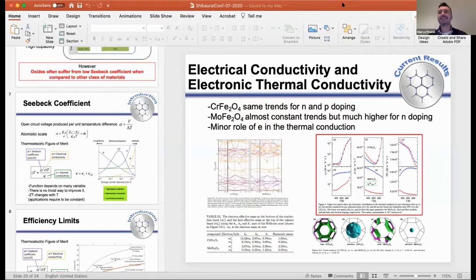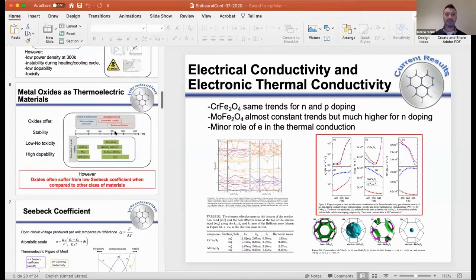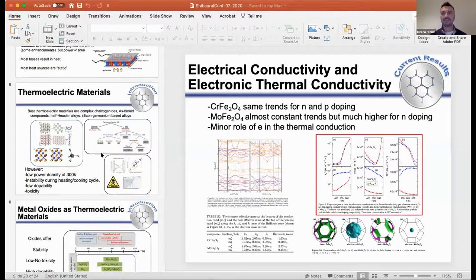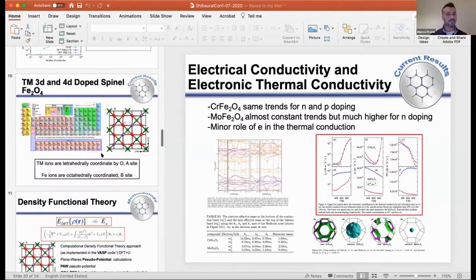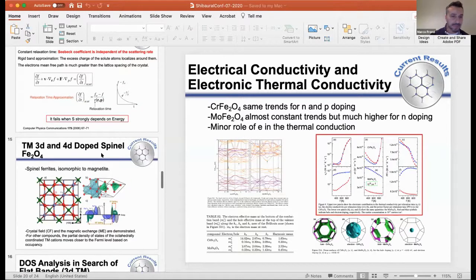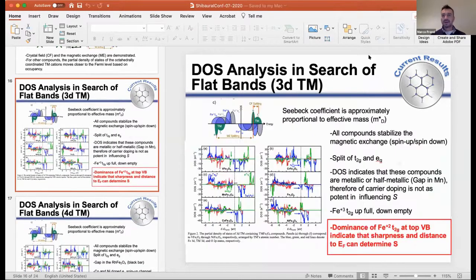The magnetic properties are already included in this study implicitly. So I'm not sure if I answered your question, but if you look at this DOS, there is an evident magnetic exchange, right? So the magnetic contribution to the total effect is already implicitly included. Okay.